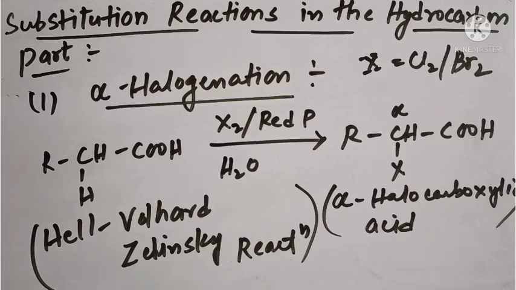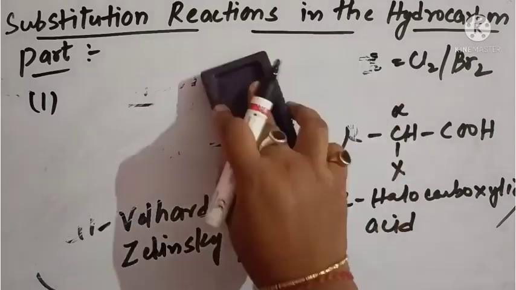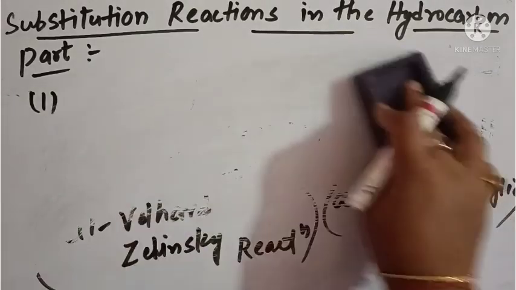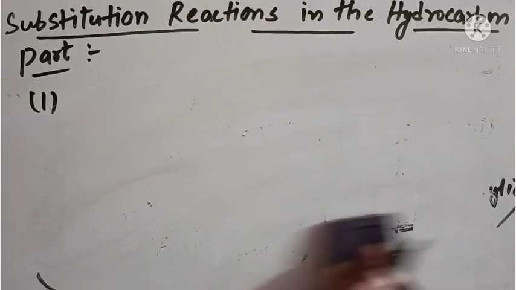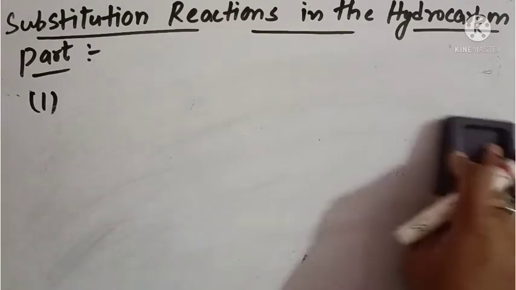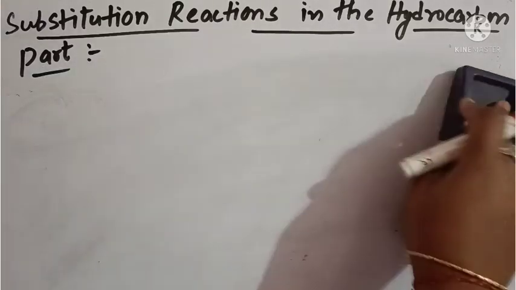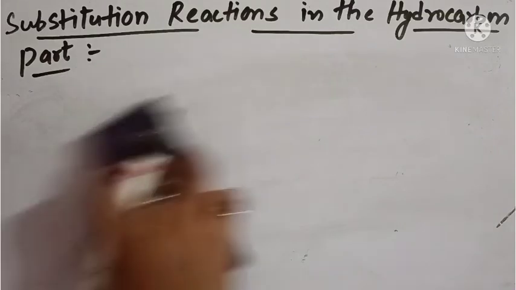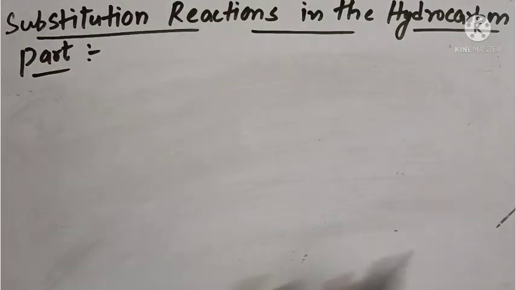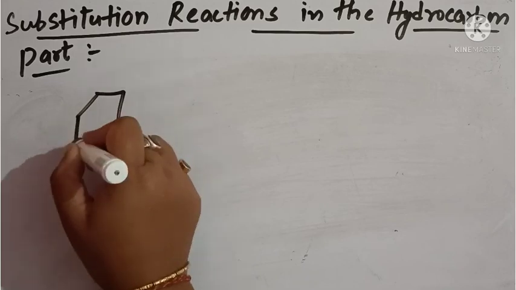The different electrophilic substitution reactions of aromatic compounds are halogenation, nitration, and the Friedel-Crafts reaction. But one thing: why does benzoic acid not undergo the Friedel-Crafts reaction? We will see that.